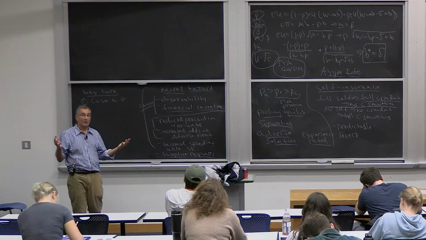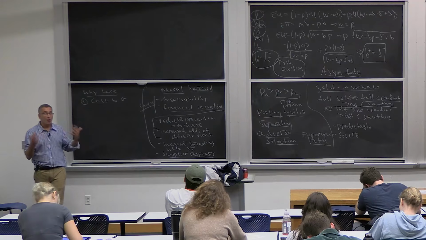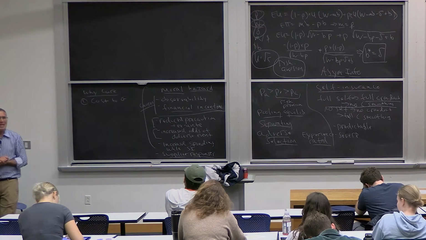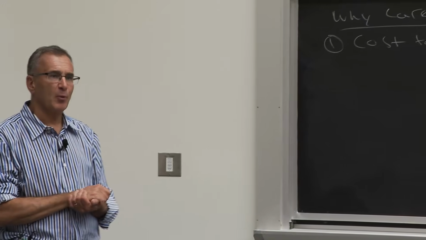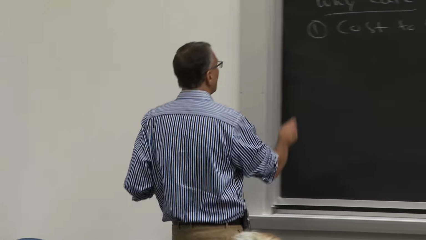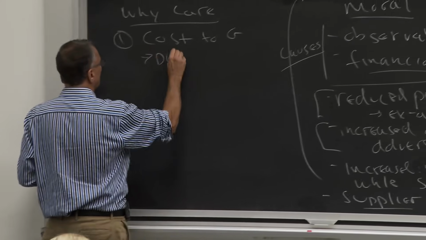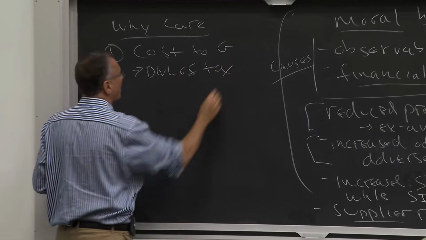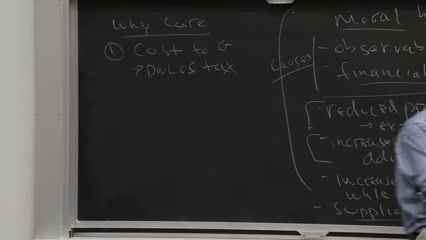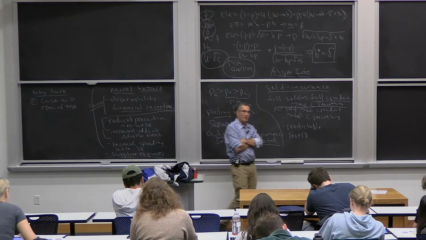We don't want to have excess government spending. And as a result, it's costly to have these expenditures. But that may not be the biggest reason why we don't like moral hazard. We can call this the deadweight loss of taxation. That we care about government costs rising because we've got to pay for it with taxes, and that causes deadweight loss. But there's an even bigger deadweight loss problem here, which is what?